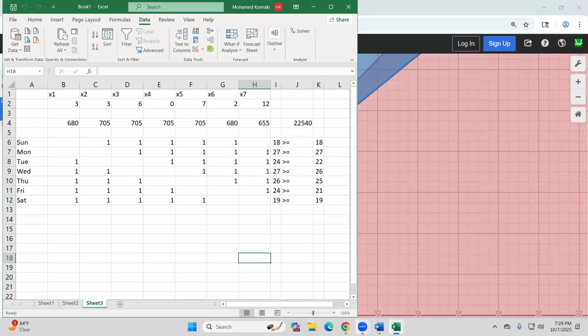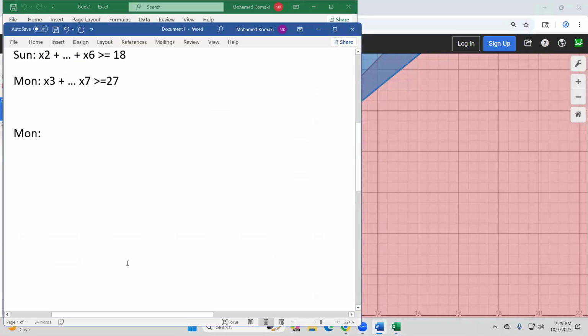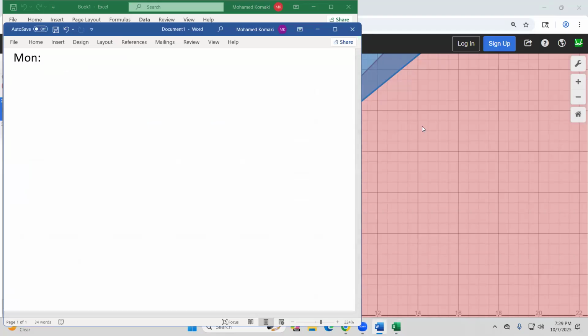So far we talked about integers. Integers take the values of 0, 1, 2, and so on. We have a subclass of integer called binary. Binary variables take the values of 0 and 1, so they are a subclass of the integer.